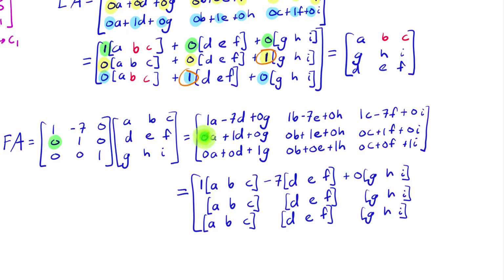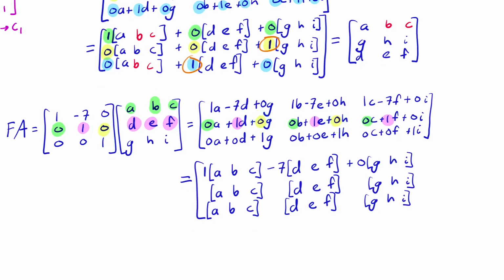Like here we have 0 always gets multiplied by that first one, and then 1 is always being multiplied by the second row of A, and then the 0 is always getting multiplied by the third row. So that's another way you can see this is 0, 1, 0 here. And the last one's going to be 0, 0, 1.